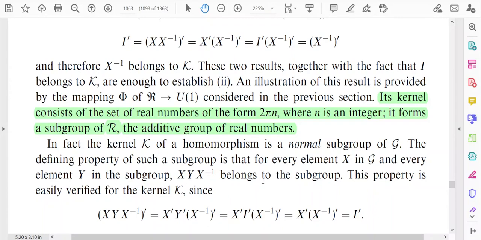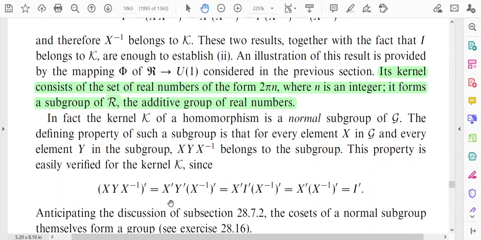Now, how to show that? Suppose x y x inverse. The image of x y x inverse will be, as per the rule of homomorphism, x prime, y prime, and (x inverse) prime. Now, y prime we are writing as I prime. Now, this will be x prime into (x inverse) prime, but this is actually I prime.